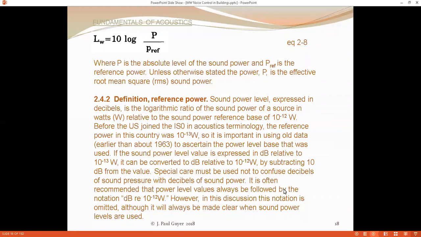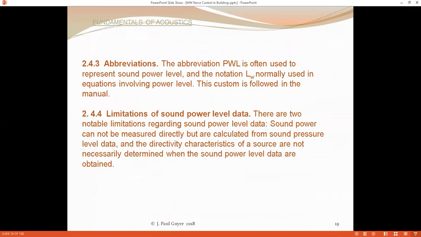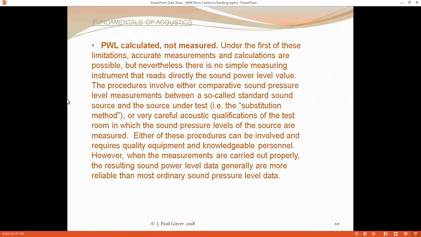And again, with the abbreviations, power is abbreviated PWL in text and L sub W in formulas. The only reason this is of any significance is that the words power and pressure both begin with P. So a point to keep in mind is that the sound power in the real world cannot be measured.